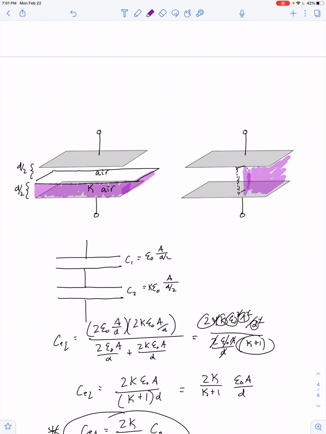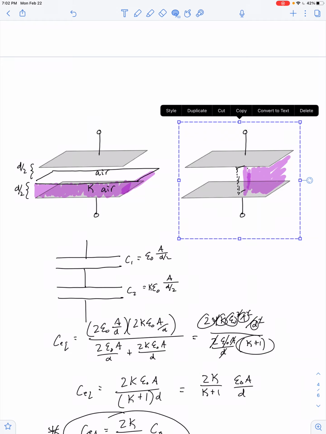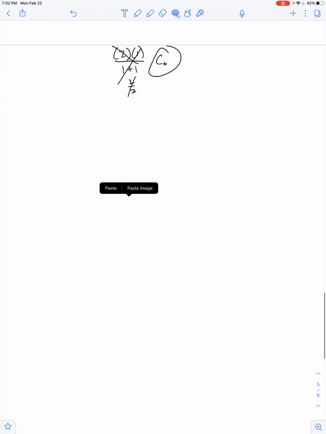Okay, well now this is no longer two capacitors connected in series. It's as if we have two capacitors that are connected in parallel. Right?